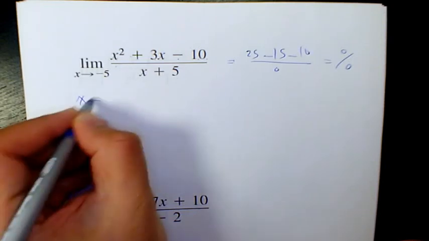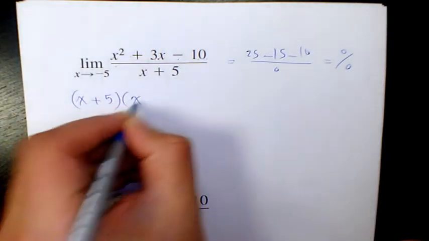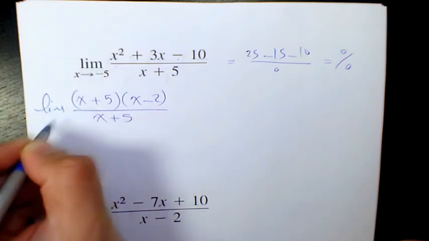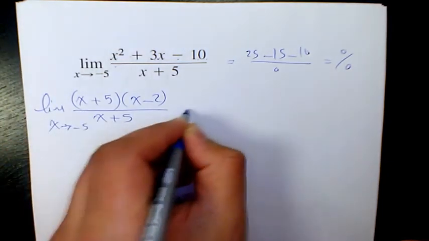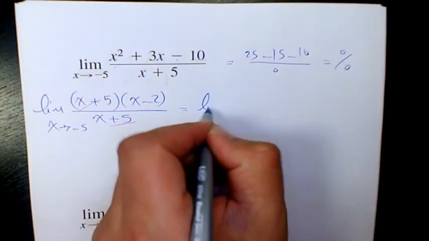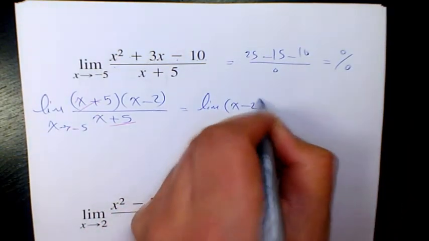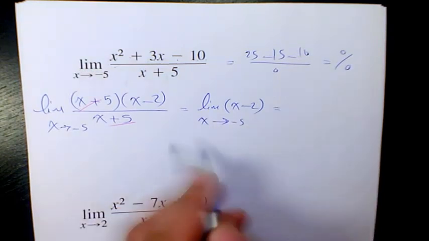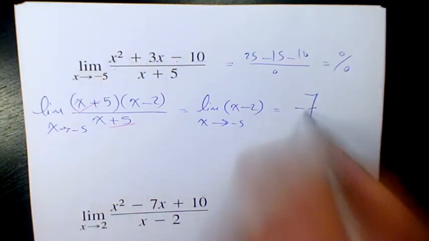It's going to be x plus 5 times x minus 2 divided by x plus 5, limit when x approaches negative 5. These two cancel out, and we have limit of x minus 2 when x approaches negative 5. It's going to be negative 5 minus 2, which is negative 7.